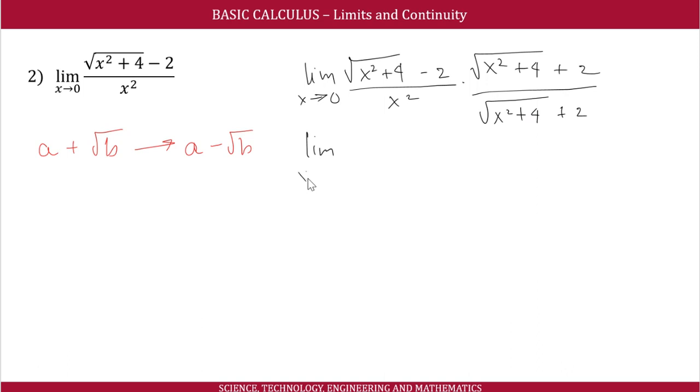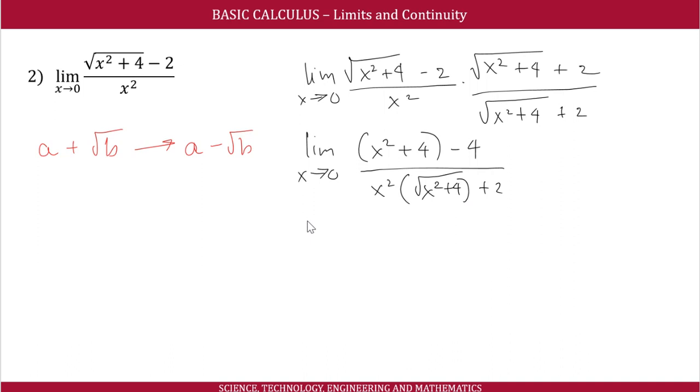That will be equal to x squared plus 4 times the square root of x squared plus 4, just cancel the square root. That will be x squared plus 4, then negative 2 times 2, that will be negative 4, all over x squared times the square root of x squared plus 4 plus 2.